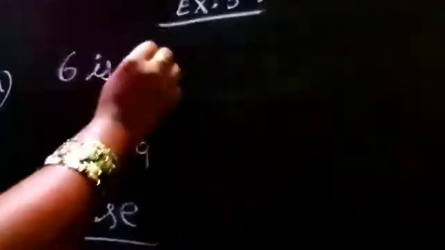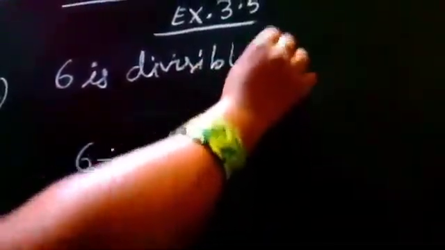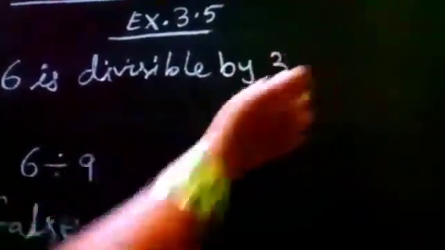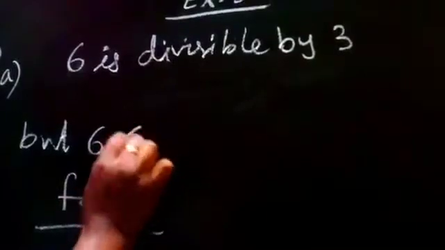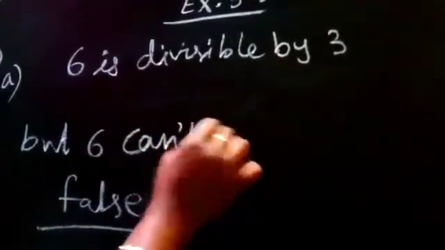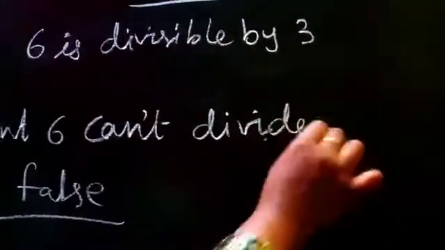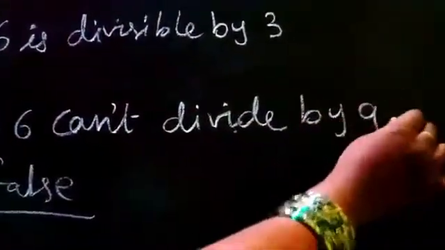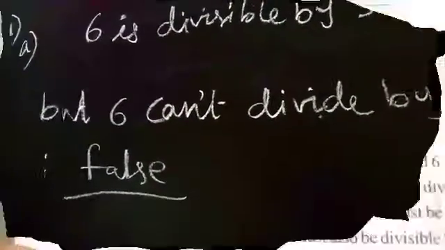Write the statement: 6 is divisible by 3, but 6 cannot be divided by 9. So the statement is false.